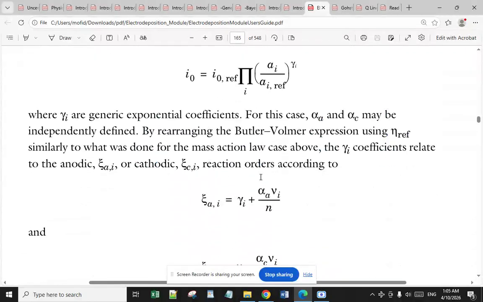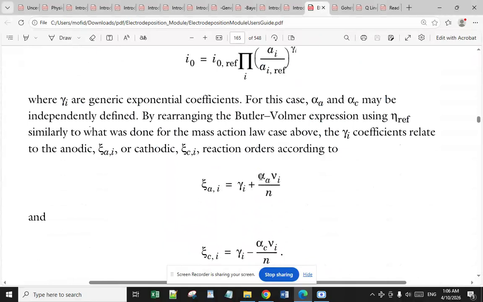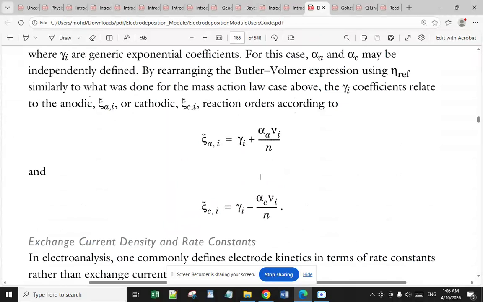In the formula, we have lambda i, which is a generic exponential coefficient. For this case, alpha A and alpha C may be independently defined by rearranging the Butler-Volmer expression using eta reference, similarly to what was done for the mass action law case above.